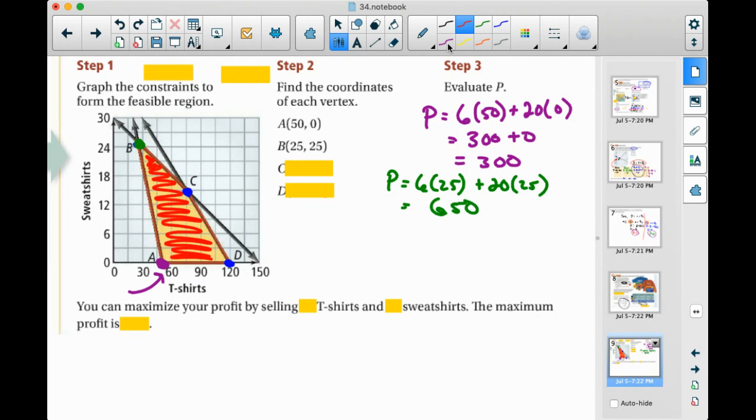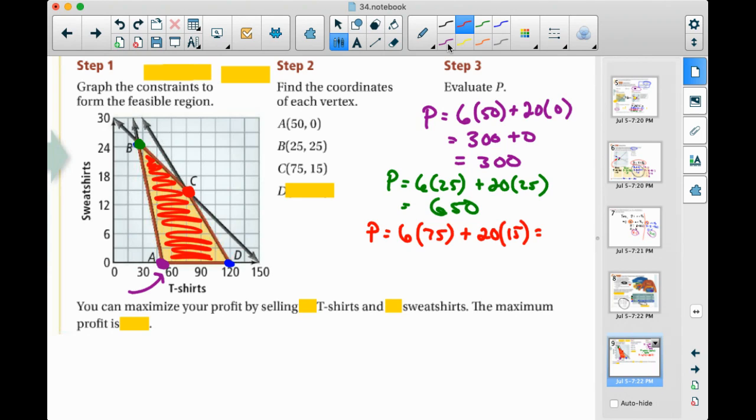All right. Next, let's check 75, 15, which is C. This point right here, C. So we'll do P equals 6 times 75 plus 20 times 15.